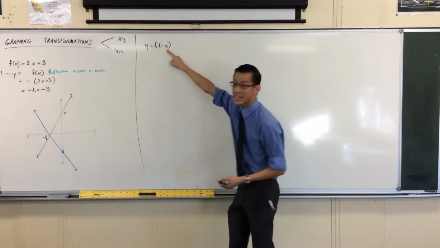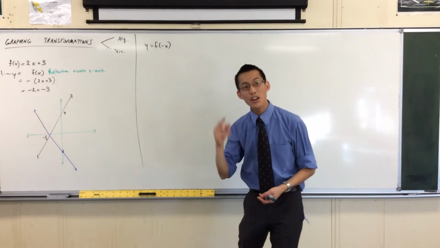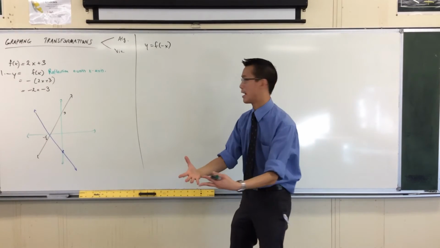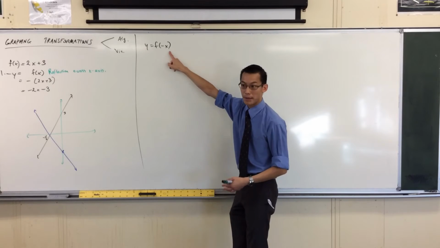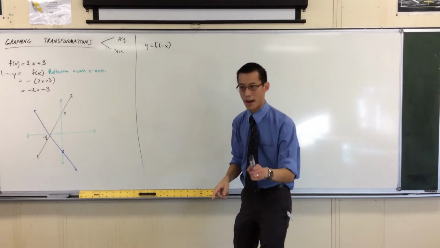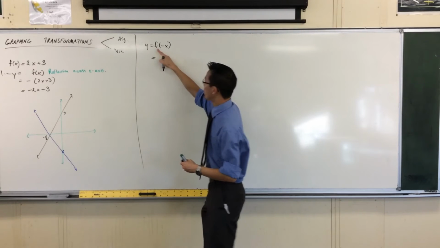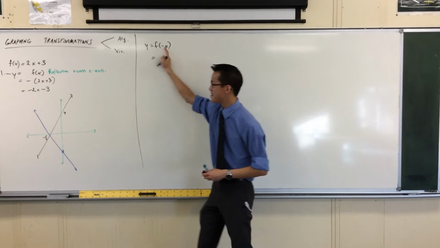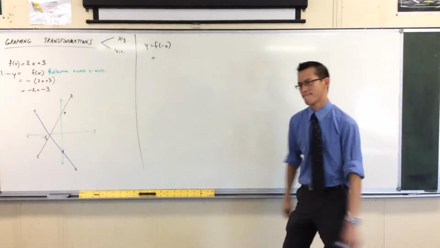So therefore when you see this, see how the negative is modifying your x value? Well, you can instinctively say, I'm not going to be flipping vertically anymore, I'm going to be flipping horizontally. Now let's just verify that because we can use this algebraic approach. So, what does f of negative x mean if that's f of x? What should I write down on this next line?